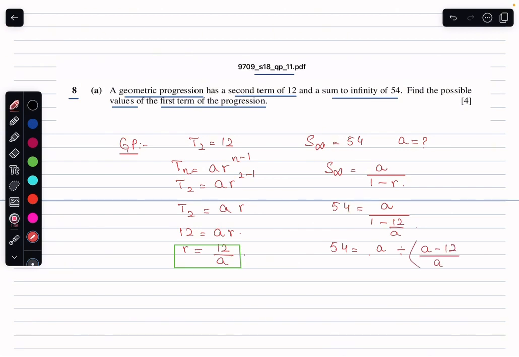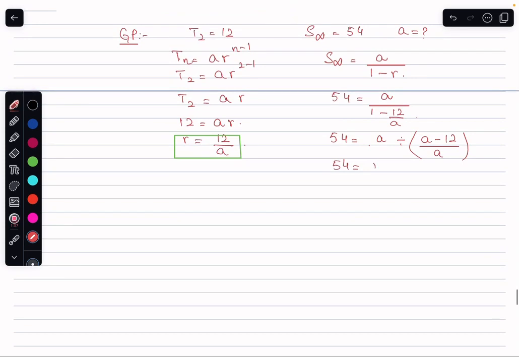So 54 equals a into a divided by a minus 12, or 54 times a minus 12 equals a square, or 54a minus 54 times 12, that gives me negative 648, equals a square.